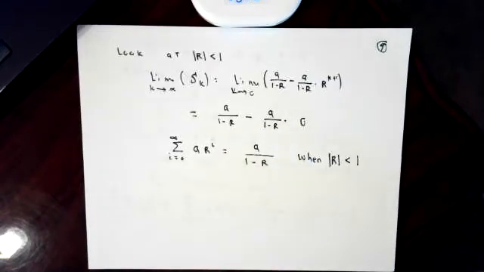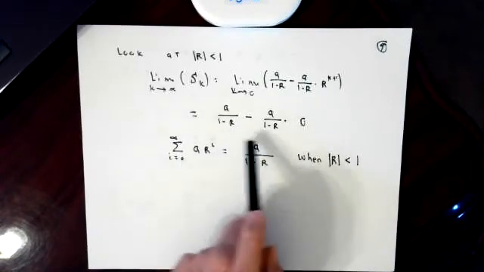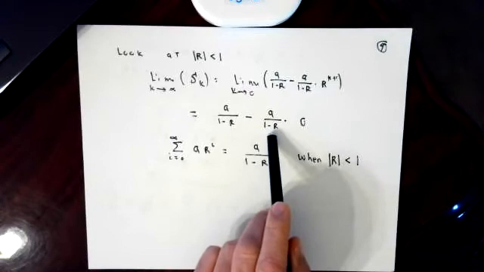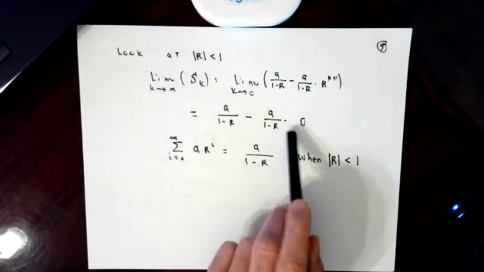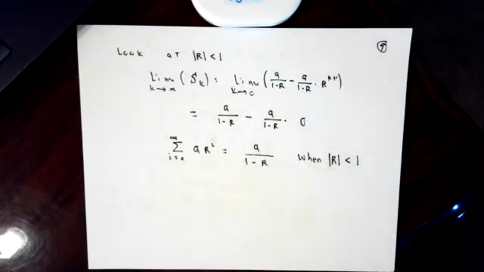If R is smaller than 1 in absolute value, as the power increases, those powers get very close to 0. So my limit is going to be A over 1 minus R minus A over 1 minus R times 0. This whole second piece goes away.